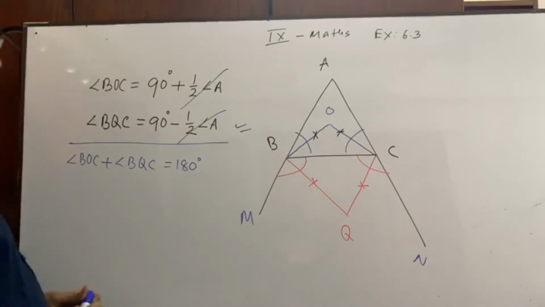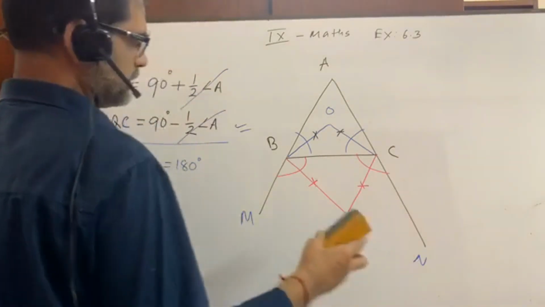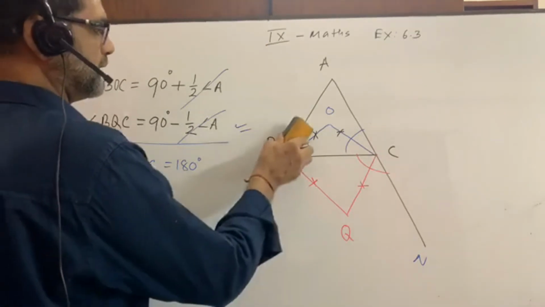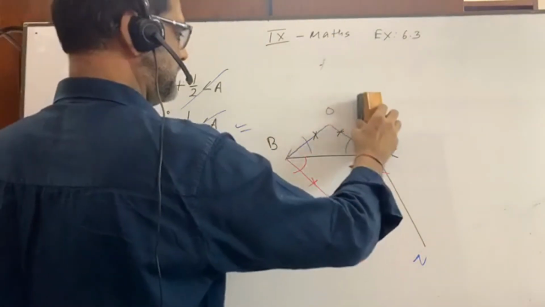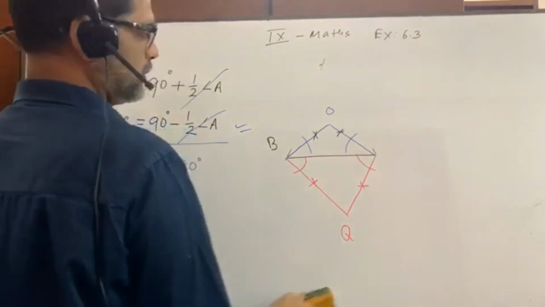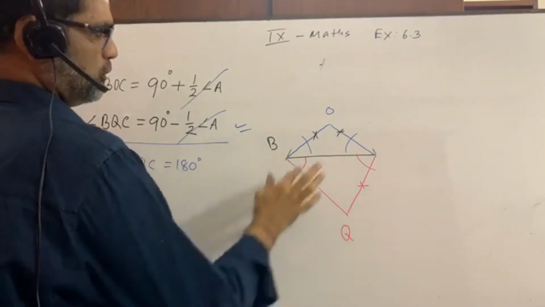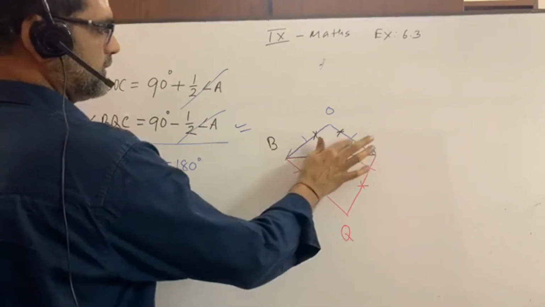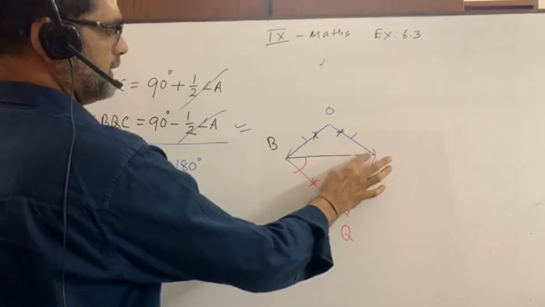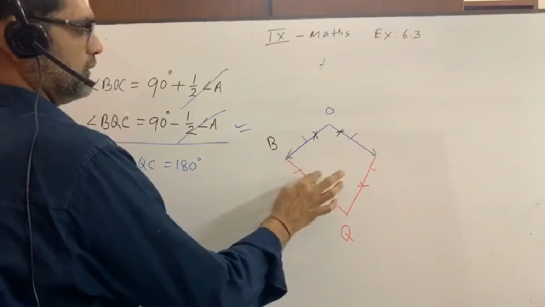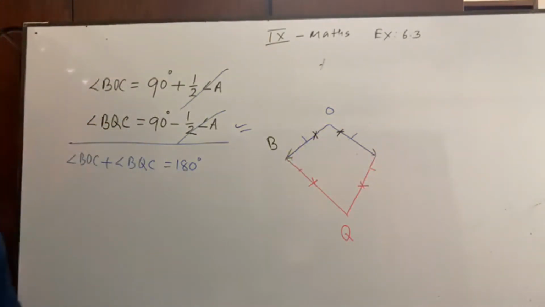Now my dear students, an additional piece of information for all the students is that we have got this, right? We have got this. You see, what is it? It is a quadrilateral, right?